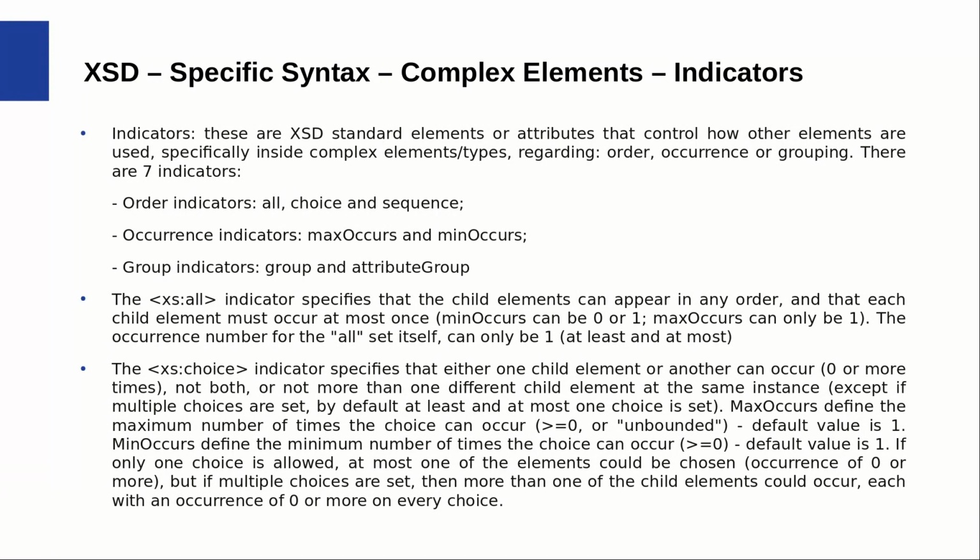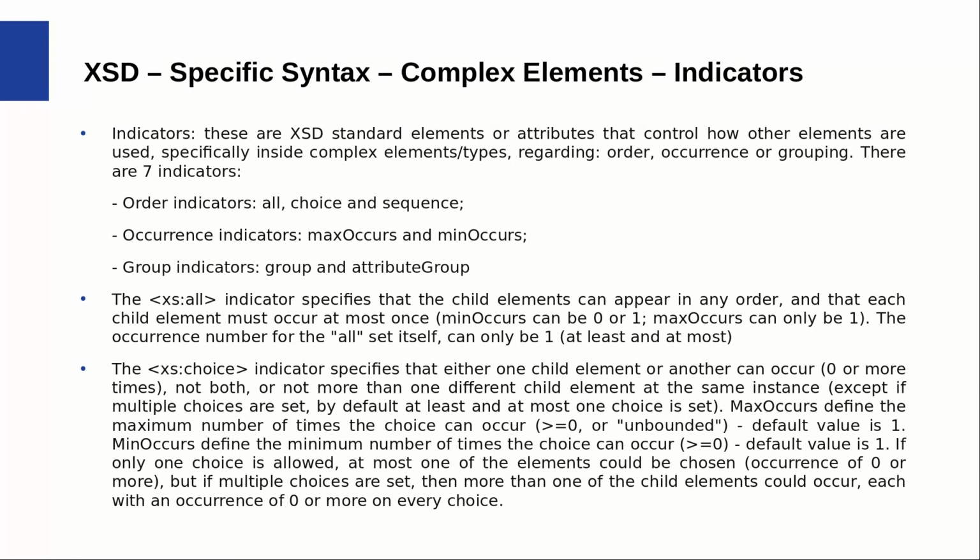And for the occurrence indicators, we have the maxOccurs attribute and the minOccurs attribute. Both are set inside the element declaration or inside the other indicators declaration. And we also have the group indicators, group and attributeGroup.